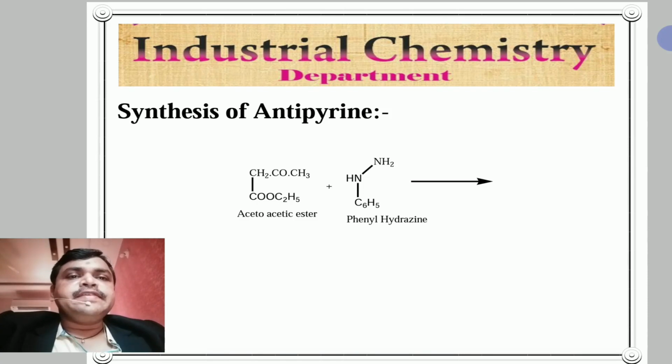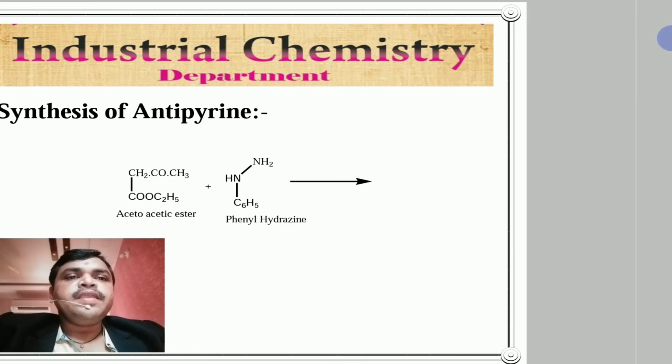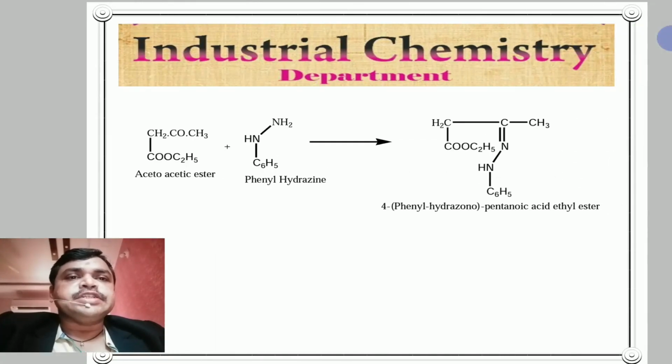Antipyrine is synthesized from two starting materials. One is acetoacetic ester and the second is phenylhydrazine. On condensation, acetoacetic ester gives oxygen and phenylhydrazine gives H2.